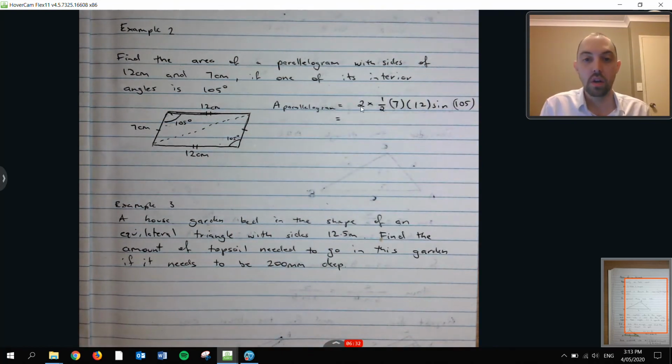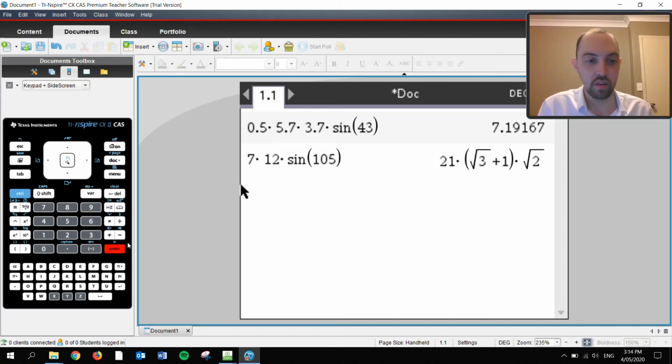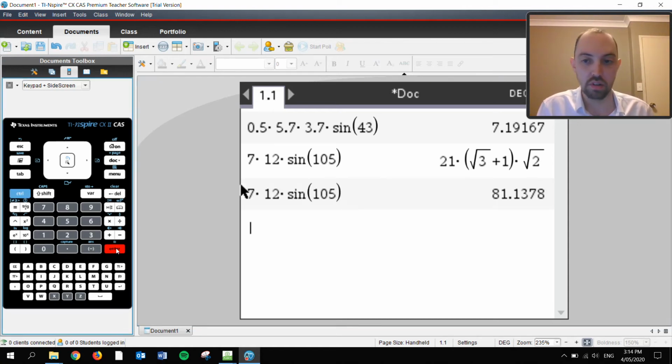The 2 and the half are going to cancel, so we don't really have to worry about that. So what I'll just type in my calculator is 7 times 12 times the sine of 105. Enter. Let's approximate that for now.